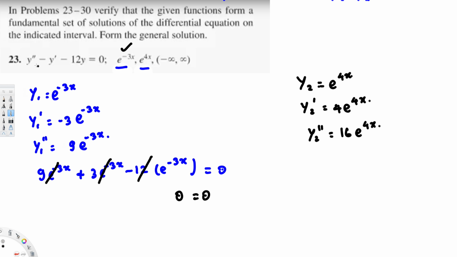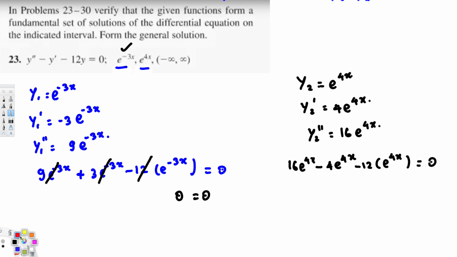Now let's plug it into this equation. This is going to be 16 e power 4x minus y prime, which is 4 e power 4x, and then minus 12y, so minus 12 times e power 4x. This should be equal to 0.